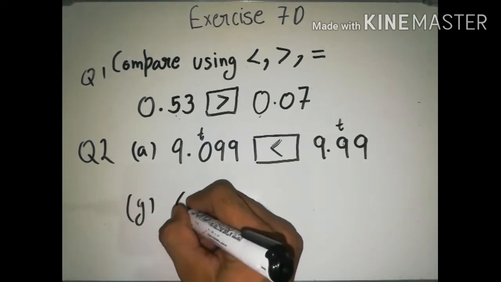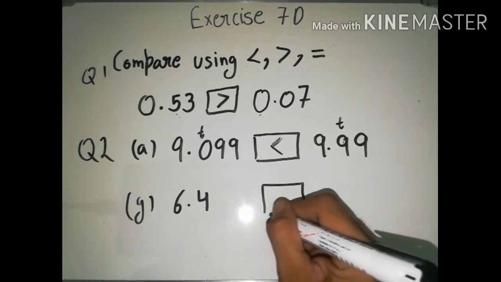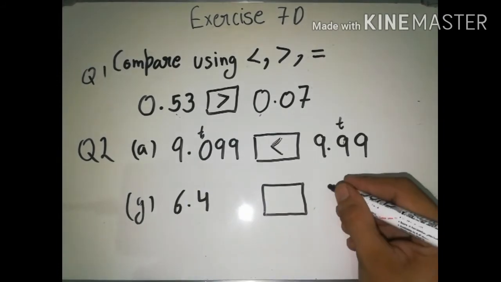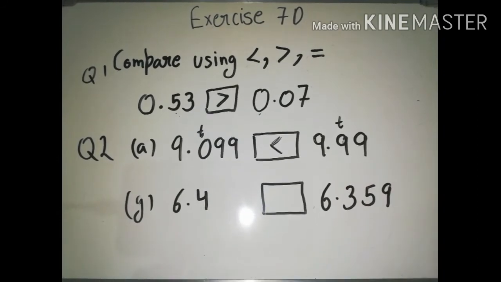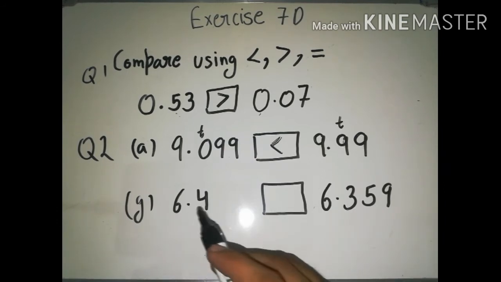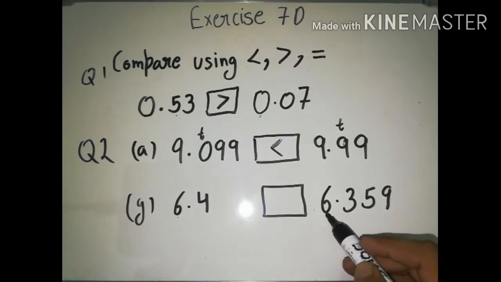Now one more I am solving, that is G. We have 6.4. We have to compare with 6.359. So डेसिमल नंबर्स में मैंने आपको एक्सप्लेन कर ही दिया कि आपने डिजिट्स नहीं काउंट करनी, आपने प्लेसेस चेक करने हैं. There is ones place 6, both are same.